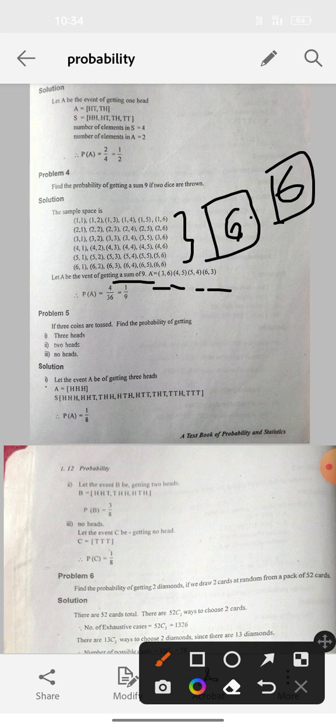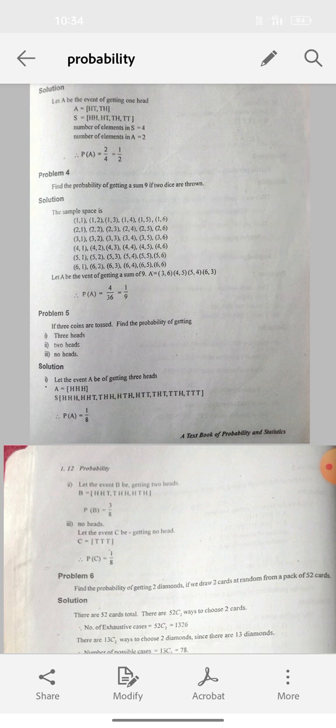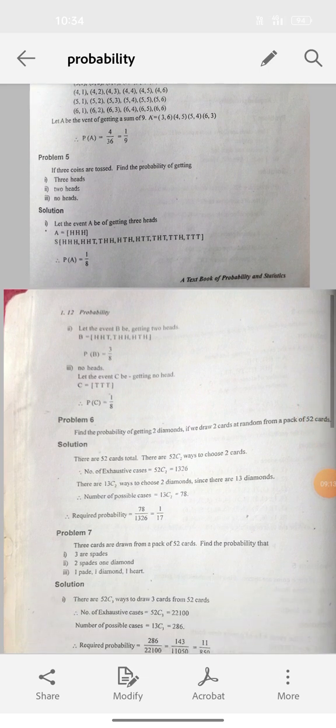Let A be the event of getting a sum of 9. So these 4 are the favorable cases and these 36 are the exhaustive cases. After finding it, you will get the answer 1 by 9.